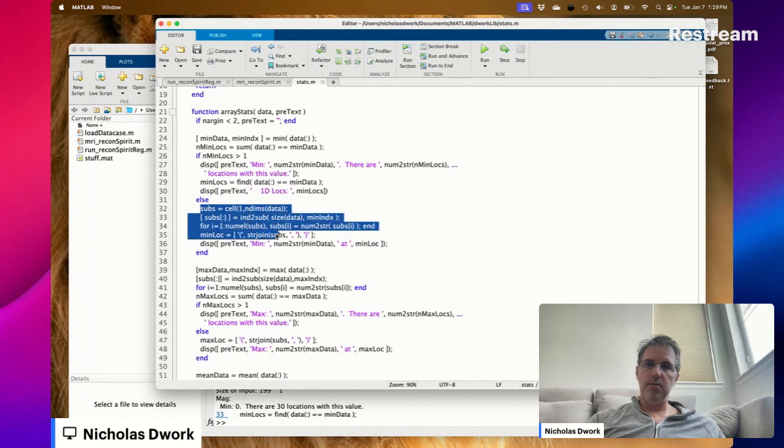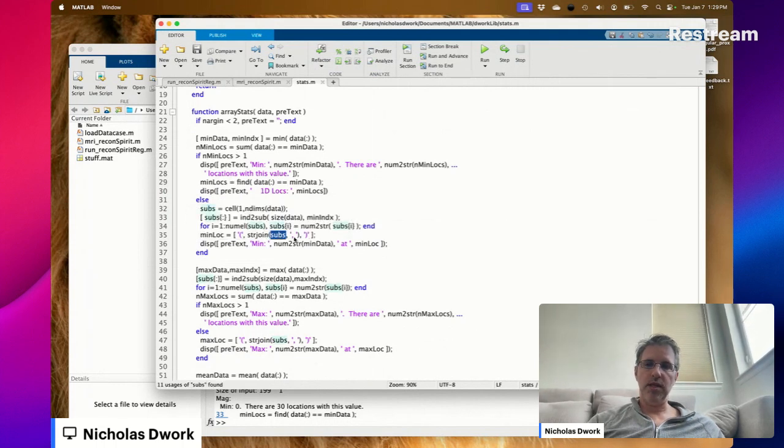So this subs here is me figuring out what the multidimensional index is into the multidimensional array. And I was only doing that when, oh, I see.